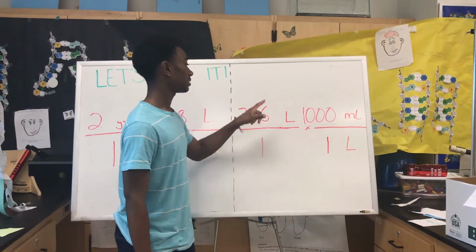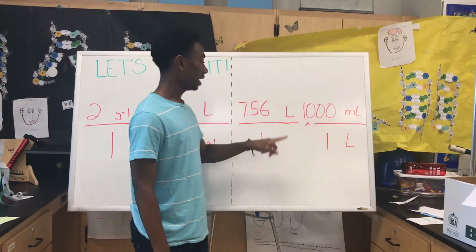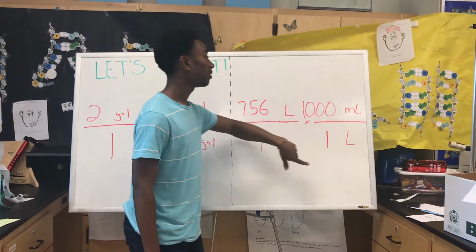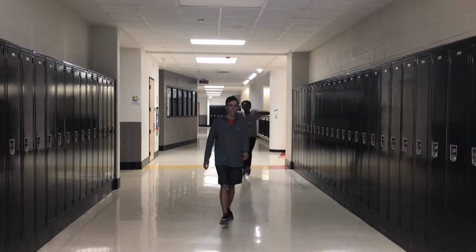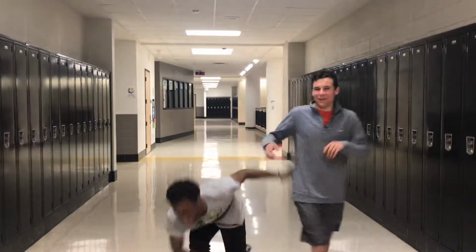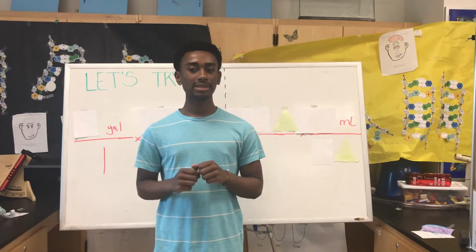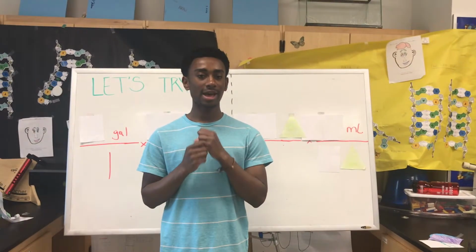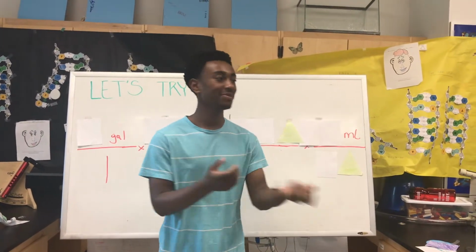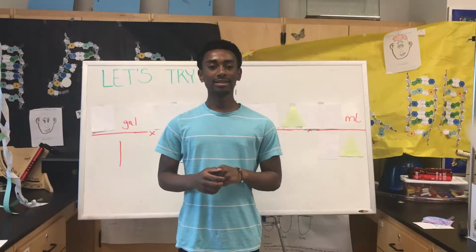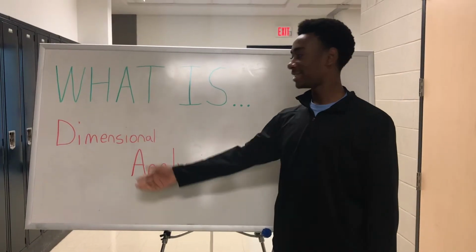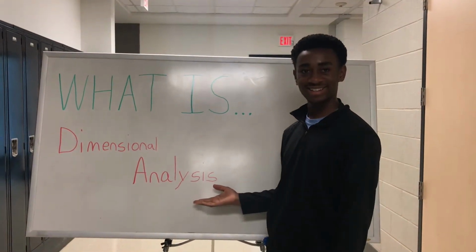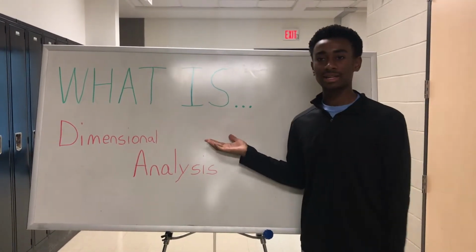You multiply across, numerator times numerator, and denominator times denominator. Wait, come back! Let's say you have 2 gallons of Elmer's glue. What is dimensional analysis?